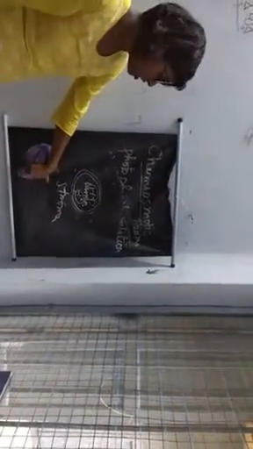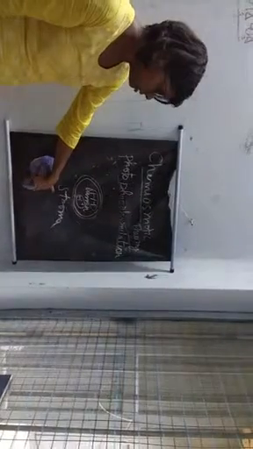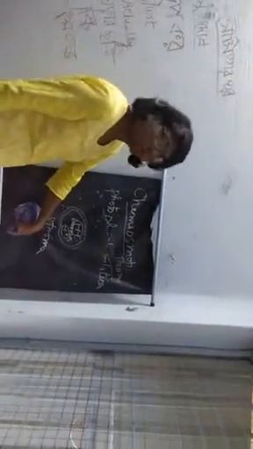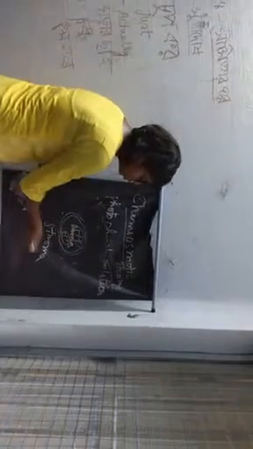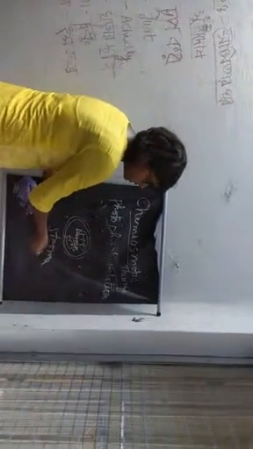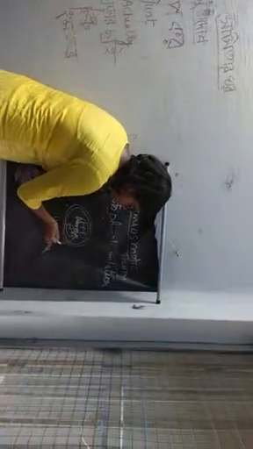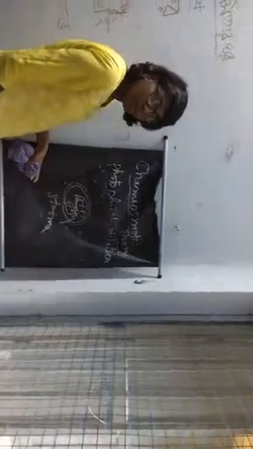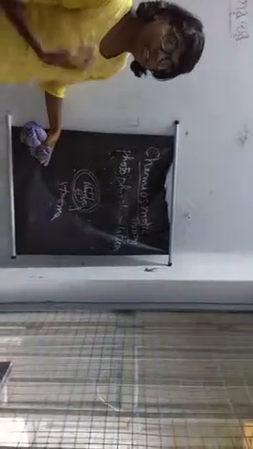That means the gradient of the number of protons is decreased in the stroma. Higher proton accumulation here and lower proton here. So a proton gradient, high to low, is generated.